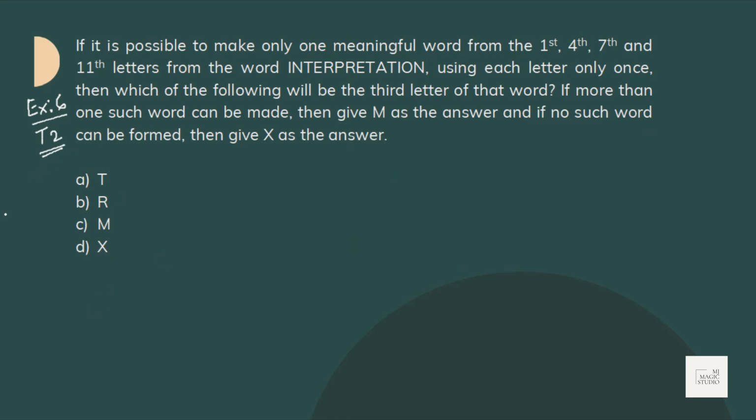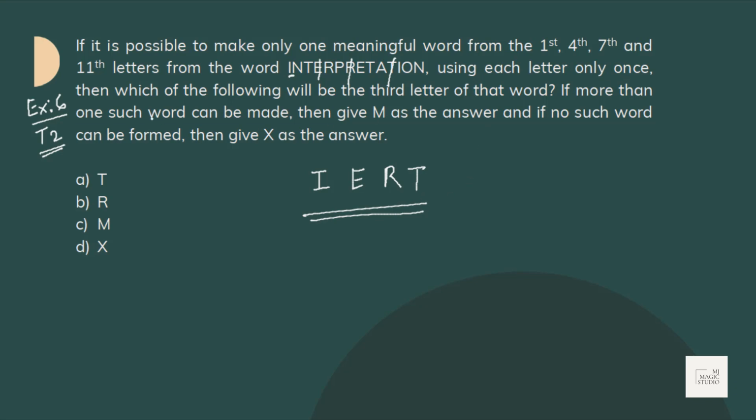Okay, an interesting example now of type 2, example 6. If it is possible to make only one meaningful word from the 1st, 4th, 7th and 11th letters of the word interpretation. So we have first, that is I. Fourth, 1, 2, 3, 4 is E. Seventh, 5, 6, 7 is R. And 11th, 8, 9, 10th, 11th is T. How many different words can we form with this?